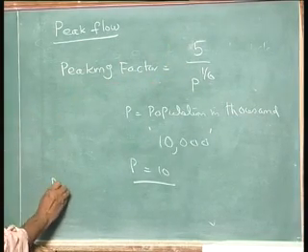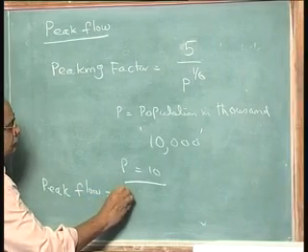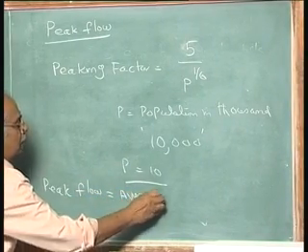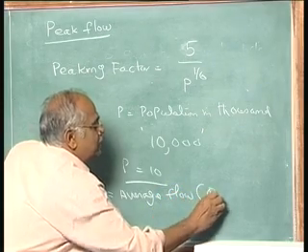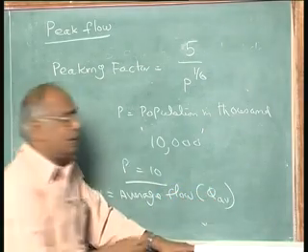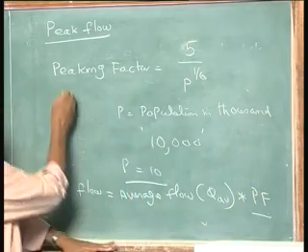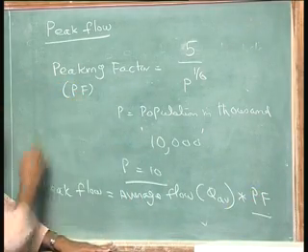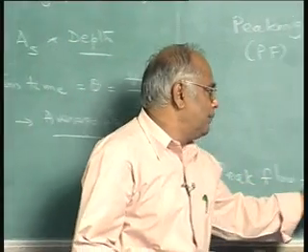Now, the peak flow is nothing but the average flow, Q average, multiplied by the peaking factor, PF. So I can calculate the peak factor like that, and so peak flow can be calculated.